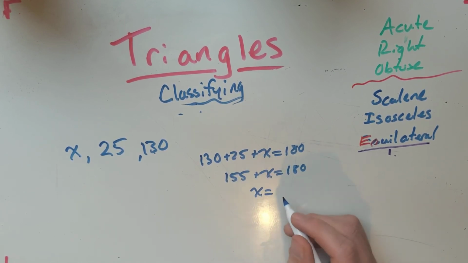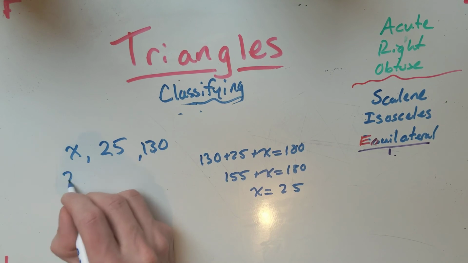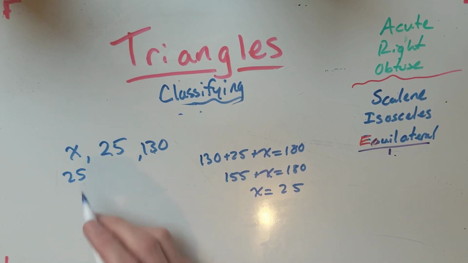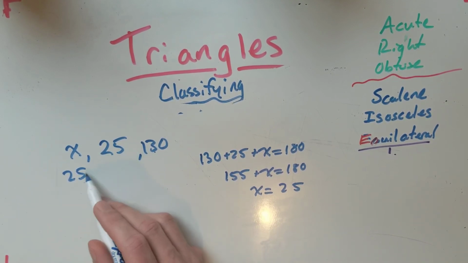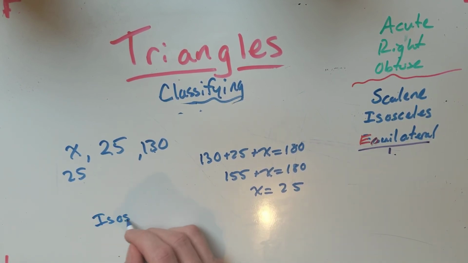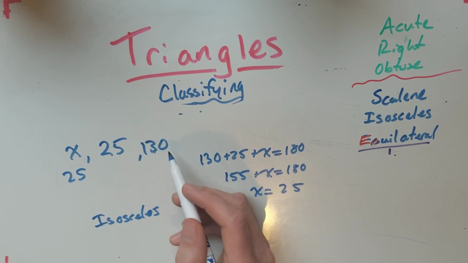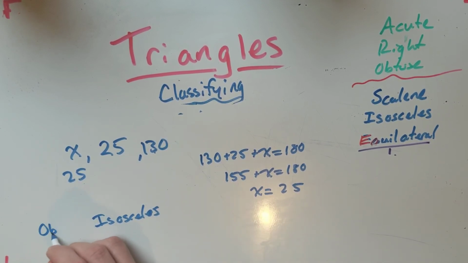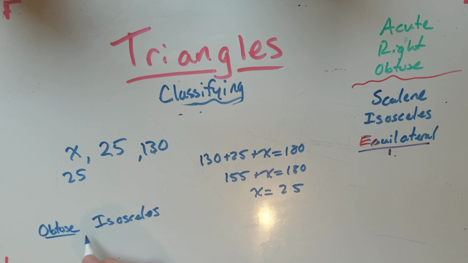So x should be equal to 25. And that means we have two congruent angles, which means we'll have two congruent sides. So it is isosceles. And since we have one angle that's greater than 90, it's going to be an obtuse isosceles triangle. And just like that, you are all done.